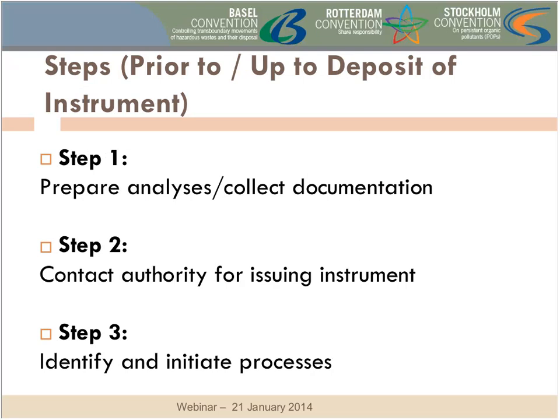There would be some differences in relation to amendments, but we'll look at those in just a minute. The first step that may wish to be considered is preparing analyses and collecting documentation. So looking at what are the benefits and implications of becoming a party and balancing those with the associated costs.